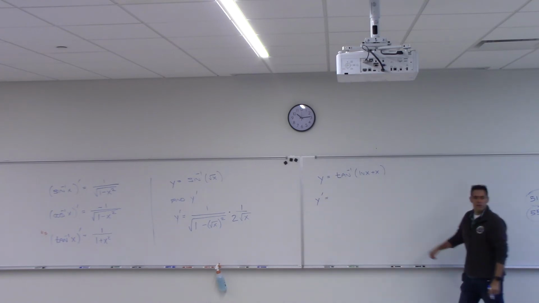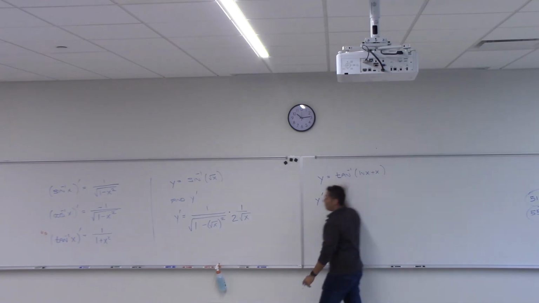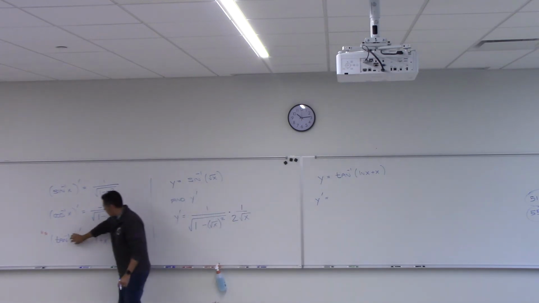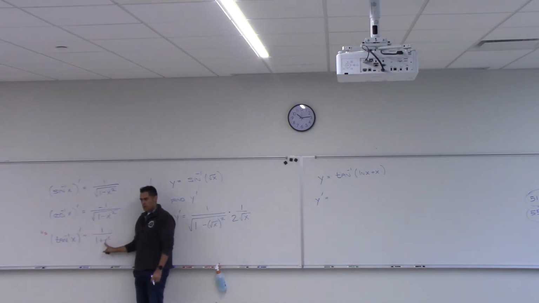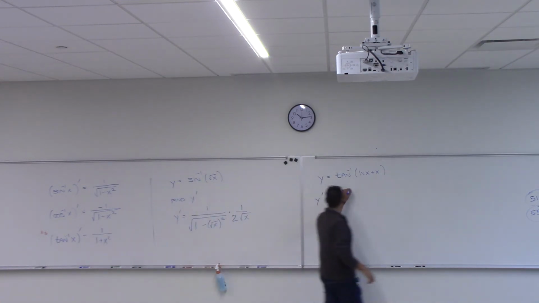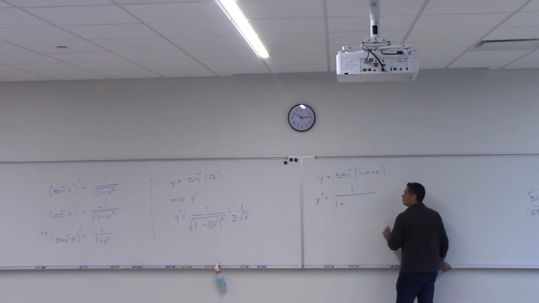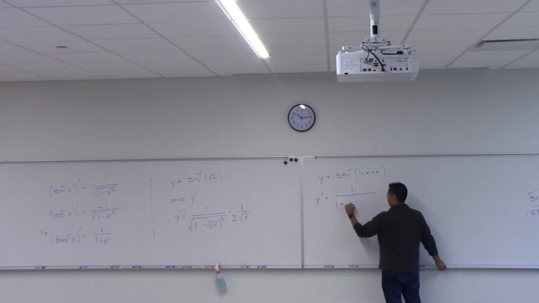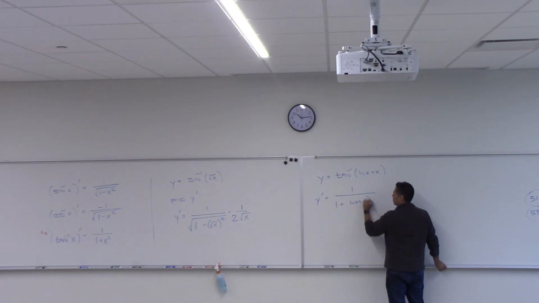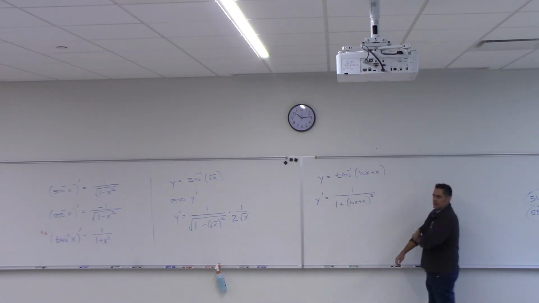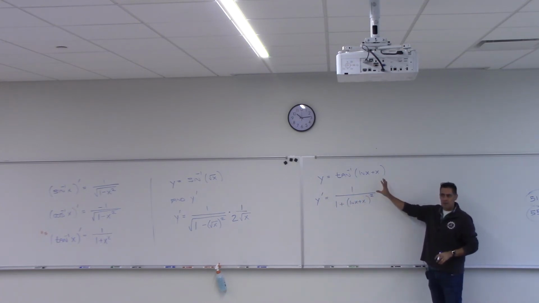So how do we take the derivative of arctangent of something? 1 over 1 plus that something squared, right? So this is going to be 1 over 1 plus what squared? All that stuff in there, all that squared. I don't care what that is. That's the first part of the derivative.